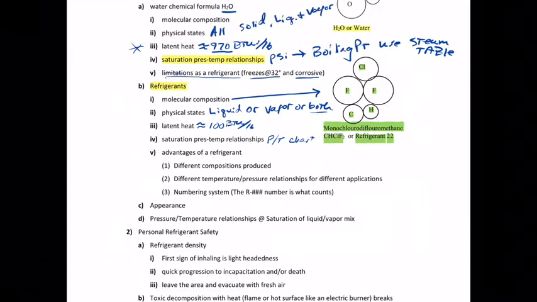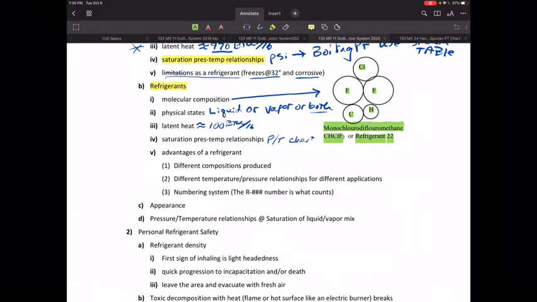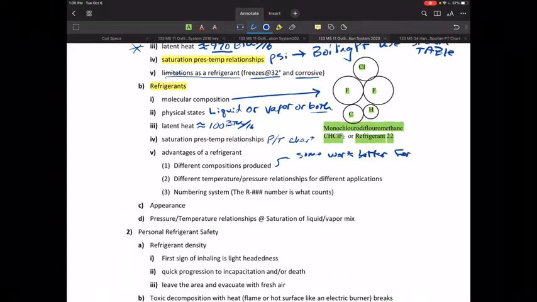For example, one of the advantages that I think we see in a lot of these is that you can create, let's say, refrigerant 134A as an example, and it might work better. So for example, I'm going to just pick a few notes, that some of them maybe work better for low temps.